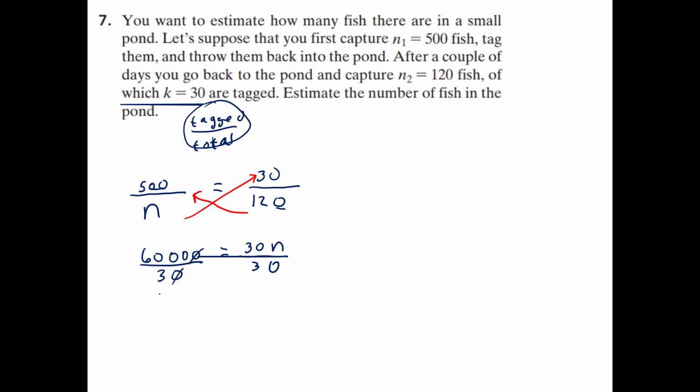One of these zeros goes away. 3 goes into 6 2 times, and you have 3 zeros. So it looks like there should be about 2,000 fish. And there we go.